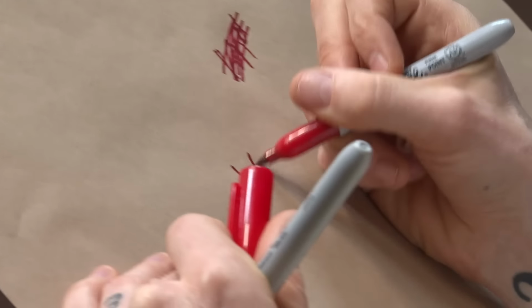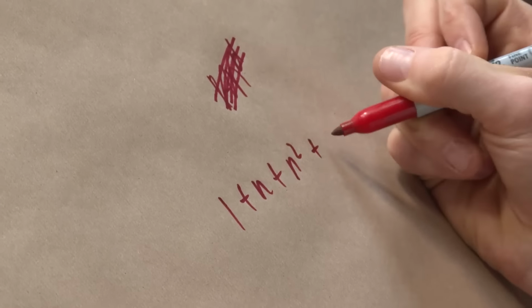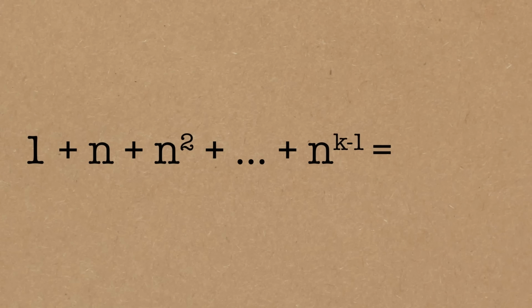If you have 1 plus n plus n squared plus dot dot dot up to n to the k minus 1, the geometric series sum up to k terms is 1 minus n to the k over 1 minus n.